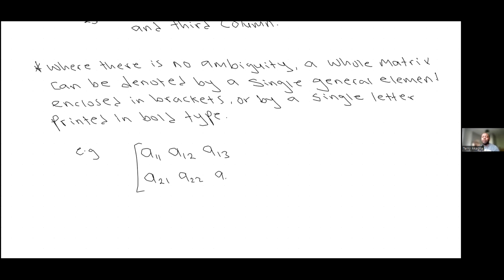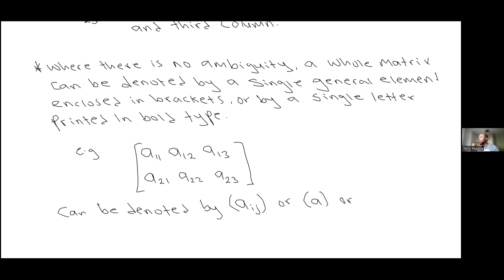So now we can denote this matrix by Aij. In some textbooks you see Aij, or you can denote this matrix as A, or if you want to use the bold type, you can use capital letter A.